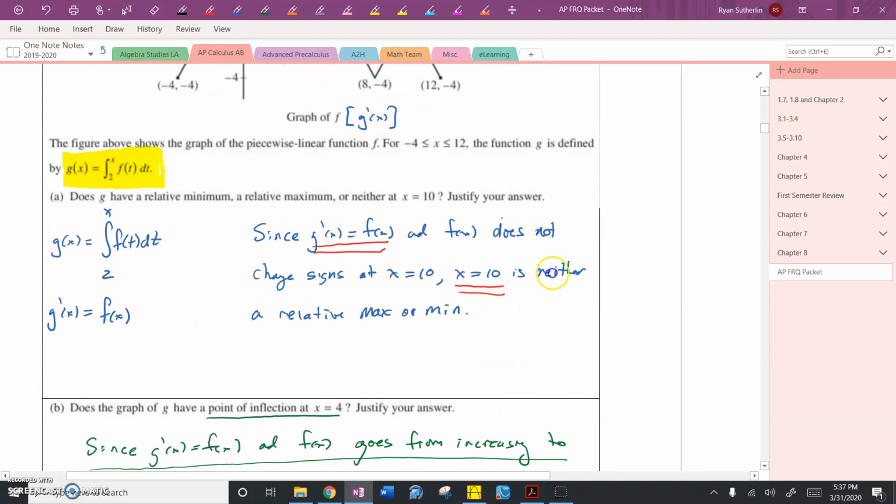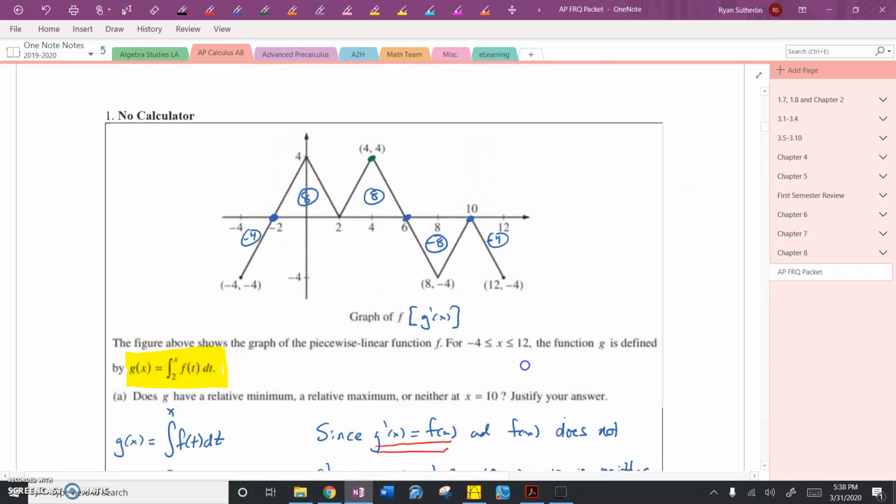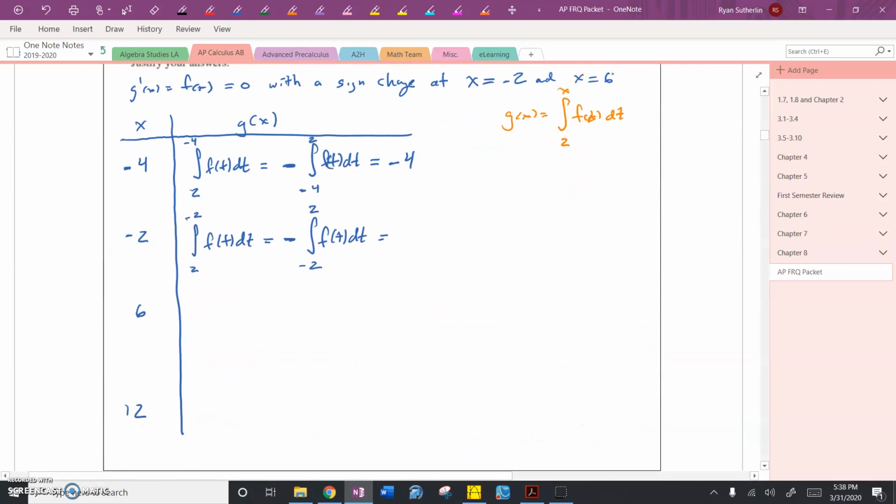So now we're doing the integral from -4 to 2. So that would be +4, but we have the opposite of that. So we have -4. Now the integral from 2 to negative 2 of f of t dt. We're going to have to do the same thing, the opposite of the integral of negative 2 to 2 of f of t dt. And so if I go back to our graph there, negative 2 to 2 was 8. So this is going to be negative 8.